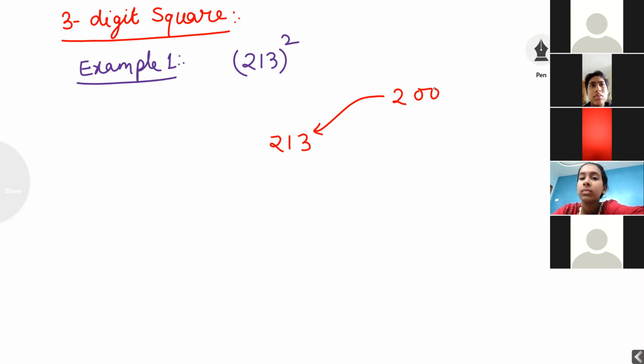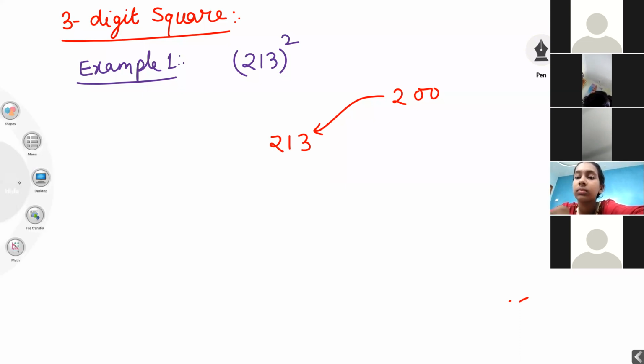If I subtract 13 from the given number, the answer will become 200. Whatever you are subtracting, the same you want to add here also. Always keep in mind, except the first digit, I want to make the remaining digits 0. Now the first digit is 2 and the remaining digits I want to make 0. How to make 0? If I subtract 13, then I can make 0.